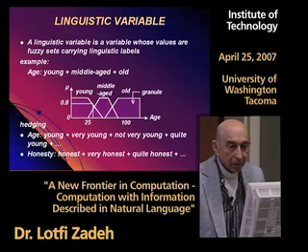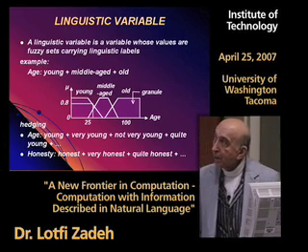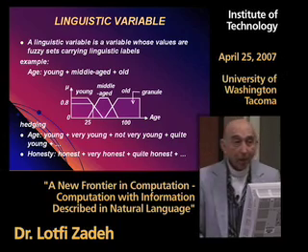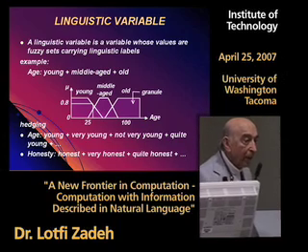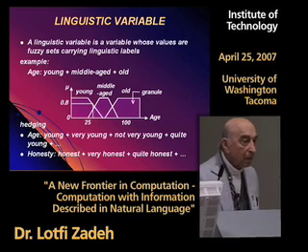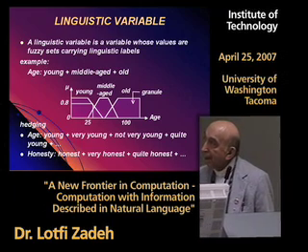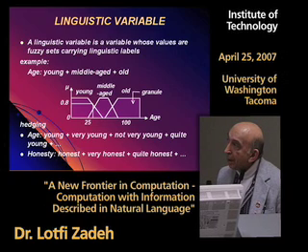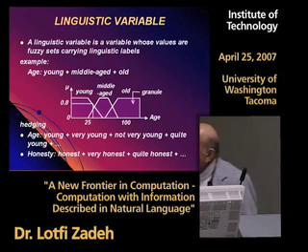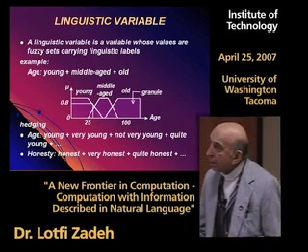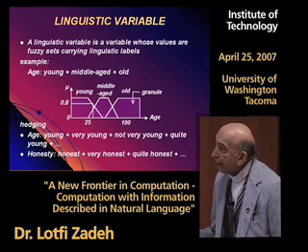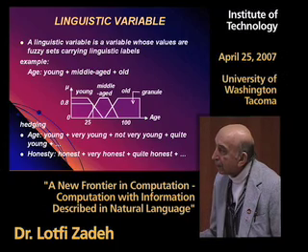Now, the linguistic variable is inspired by the way humans deal with the implication of perceptions. For example, age: if you don't know the age, you say young, middle-aged, old, whatever the case might be. So here are the values of age, and here the values of honesty and so forth.